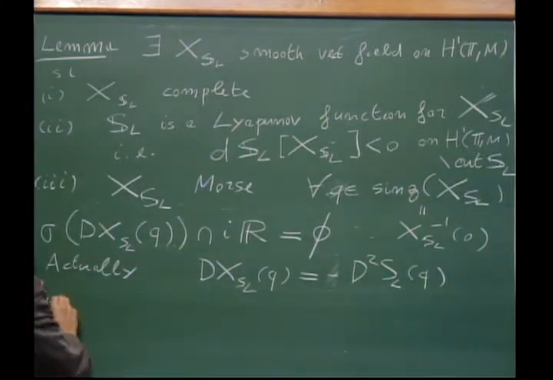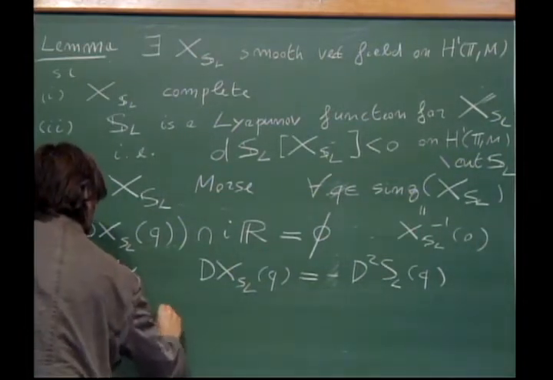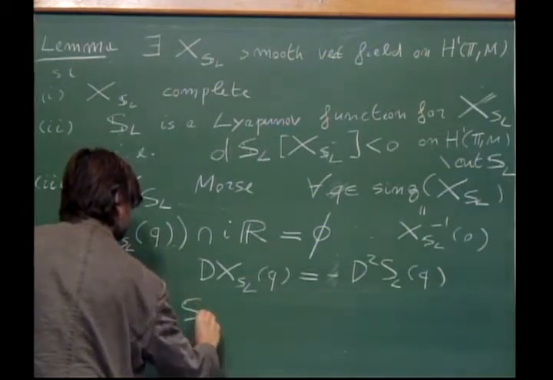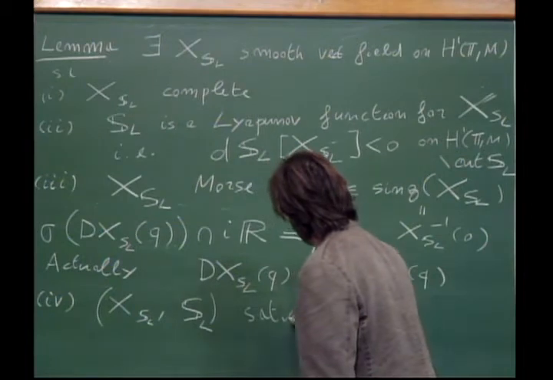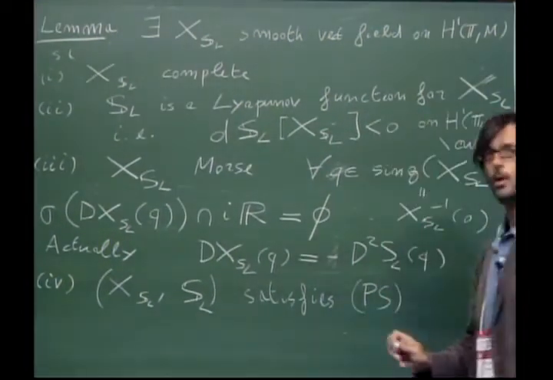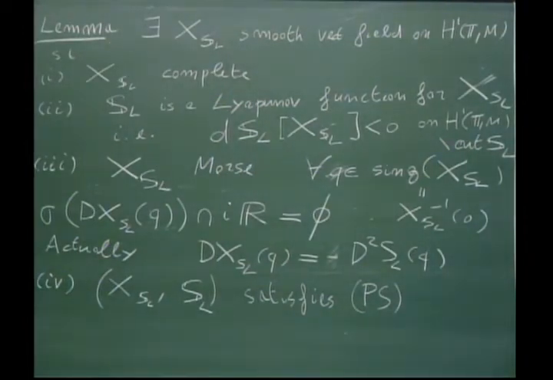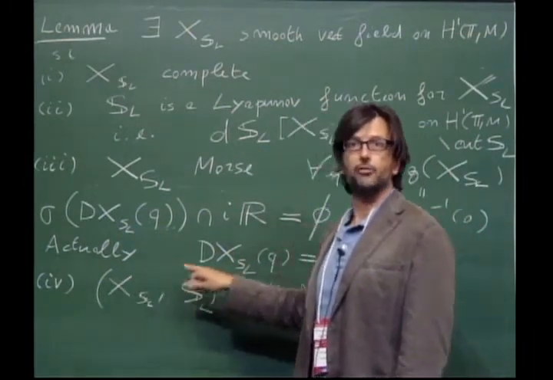And last property, the pair (X_{S_L}, S_L) satisfies the Palais-Smale condition. So yesterday I introduced the Palais-Smale condition for a function using a Riemannian metric, but if you forget about Riemannian metrics, you just have a vector field and a functional.